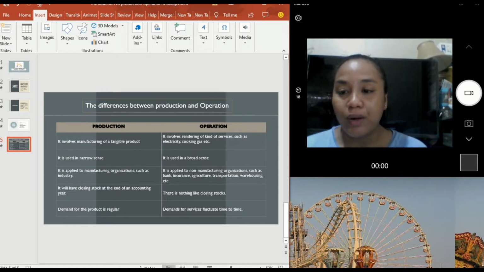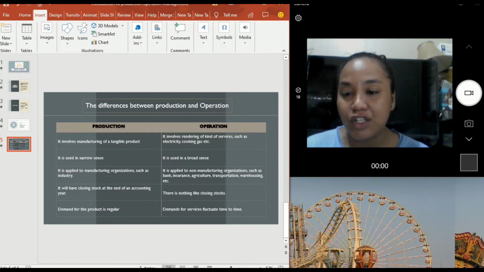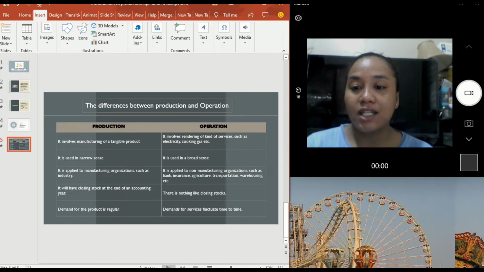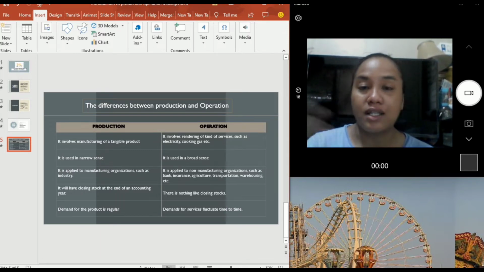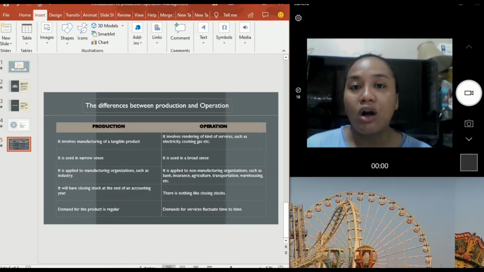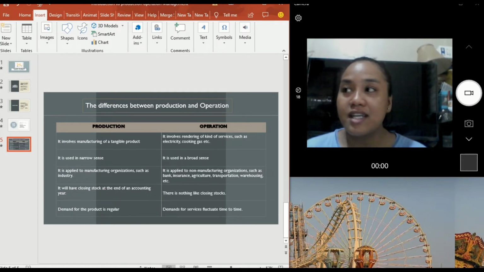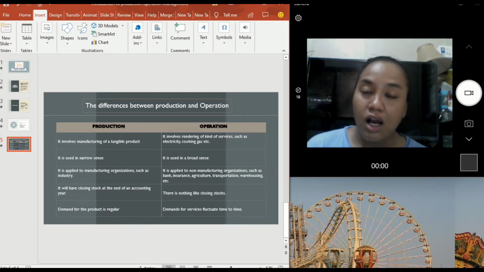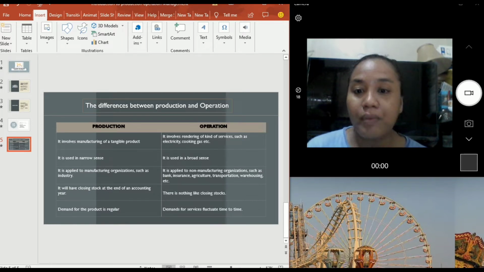So for the third part, it is applied to a manufacturing organizations such as industry. So examples of manufacturing organization are the Nestle Corporation, San Miguel Corporation, or Petron Corporation.